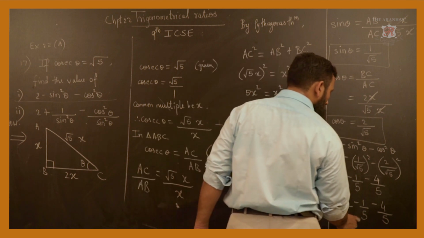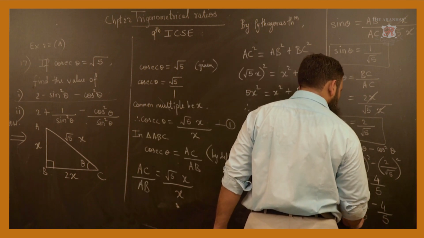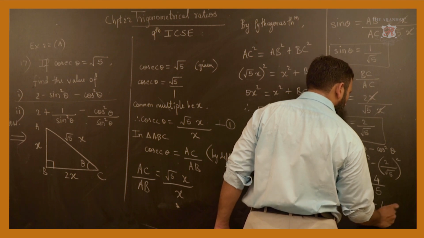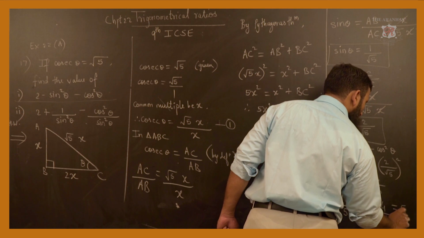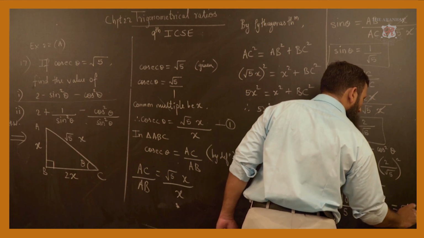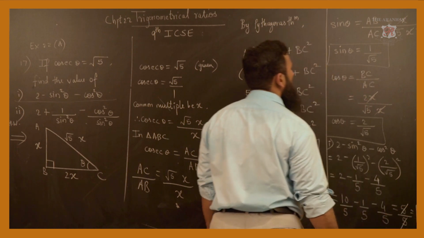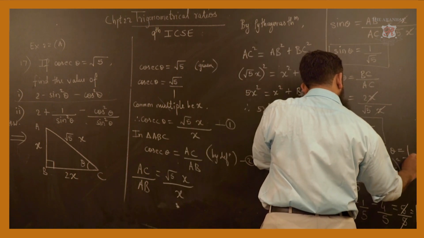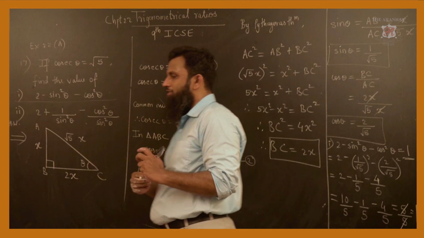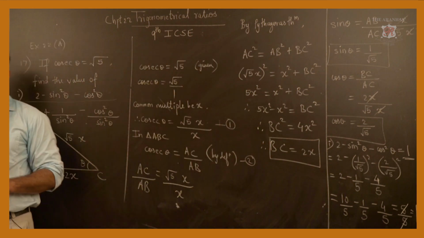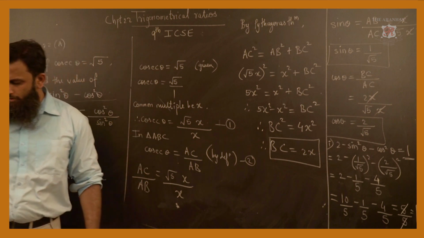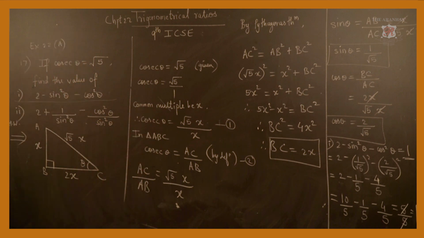If you see, all the denominators are same. 10 minus 1, 9. 9 minus 4 is 5 and 5 by 5, answer comes out to be 1. So the answer for this identity is 1. If you observe it, it is so easy, one can easily solve such kind of numericals in exam.